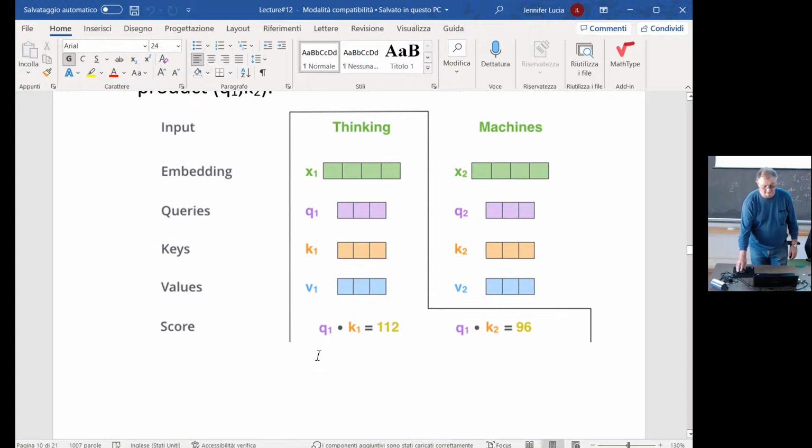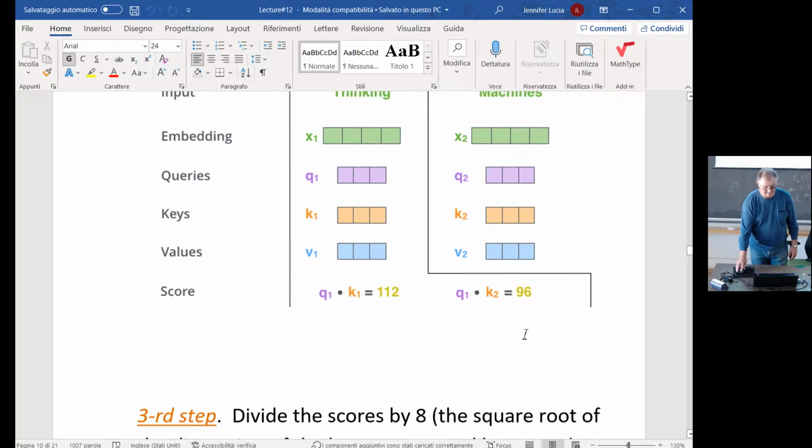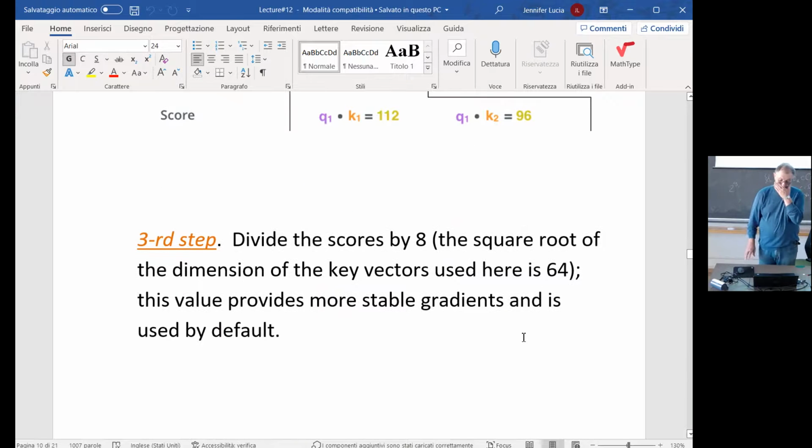You see, we have calculated, and now the score for thinking is 112 and for machines 96. Next step: now divide the scores by 8. The square root of the dimension of the key vectors used here is 64. What does it mean?